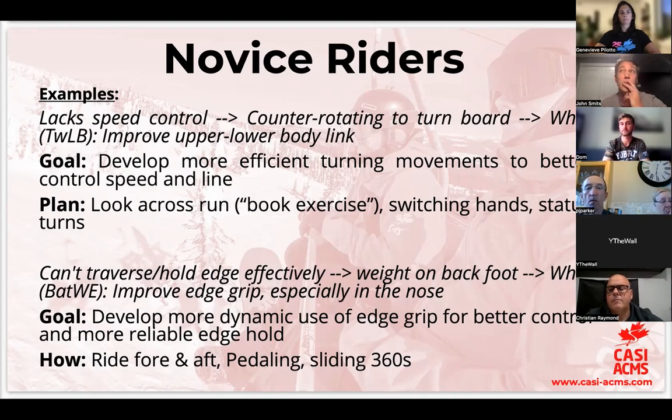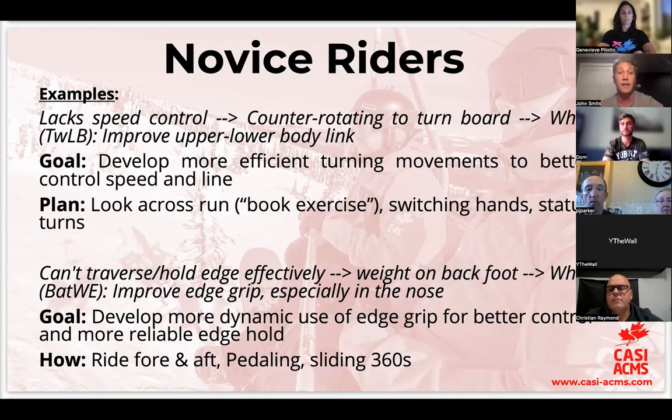So it's got you thinking they probably need to work on turning with the lower body. What we need to do is improve that connection between the upper and the lower body. So the goal for these students in this case would be to develop more efficient turning movements to better control speed and line, their direction of travel.